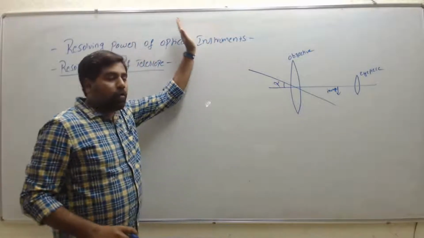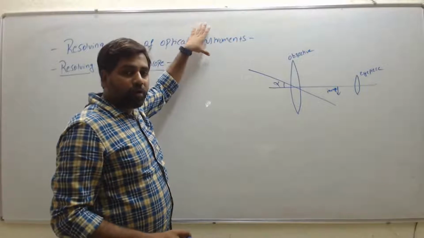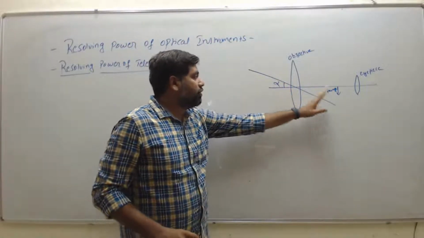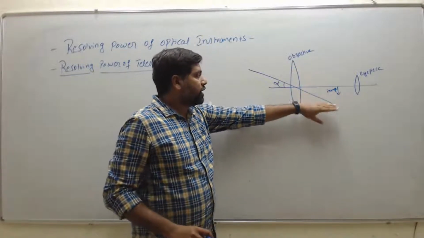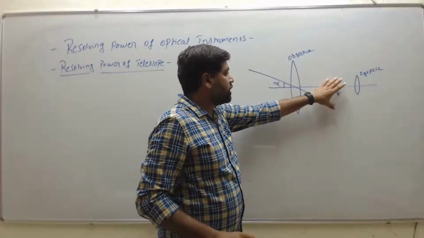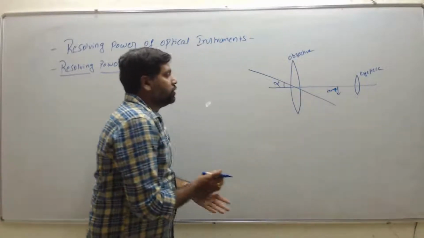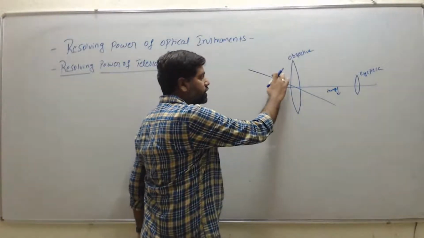If we recall the diagram of the telescope, the object is at a farther distance, so the light rays coming from it are parallel and fall onto the objective, and we get the image after refraction. The refracted rays converge at the focus, and we get the image of the object.